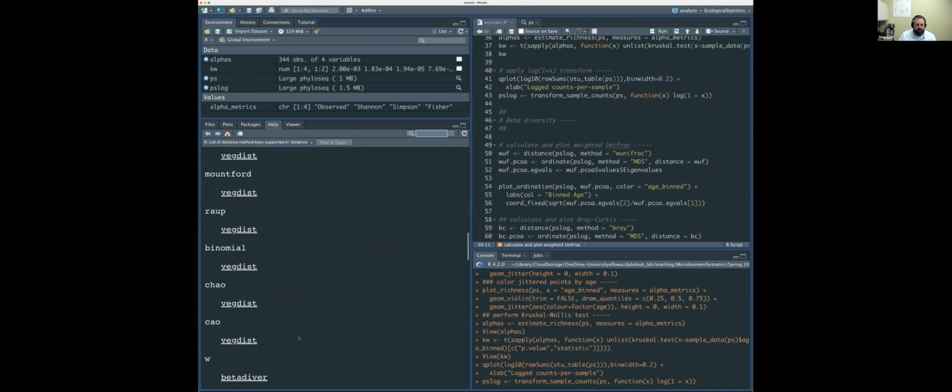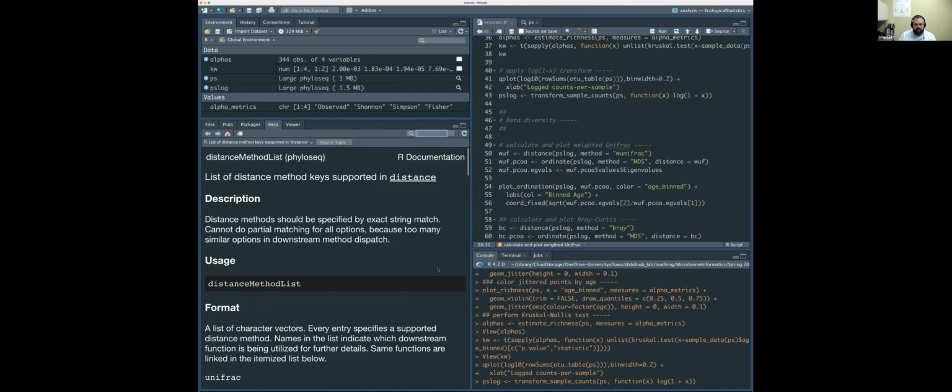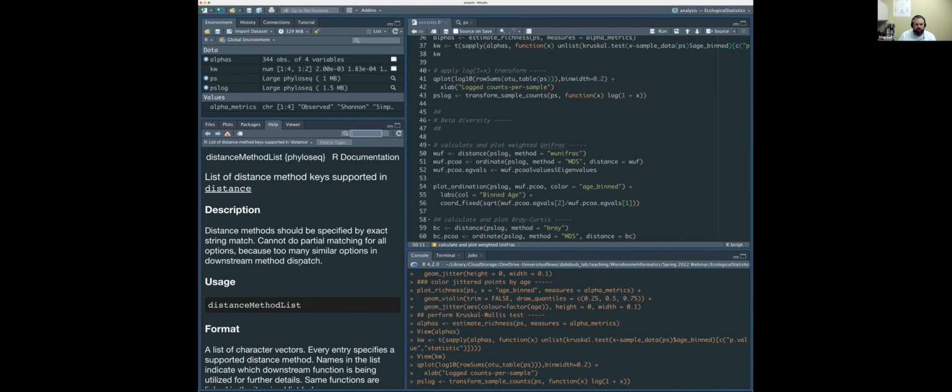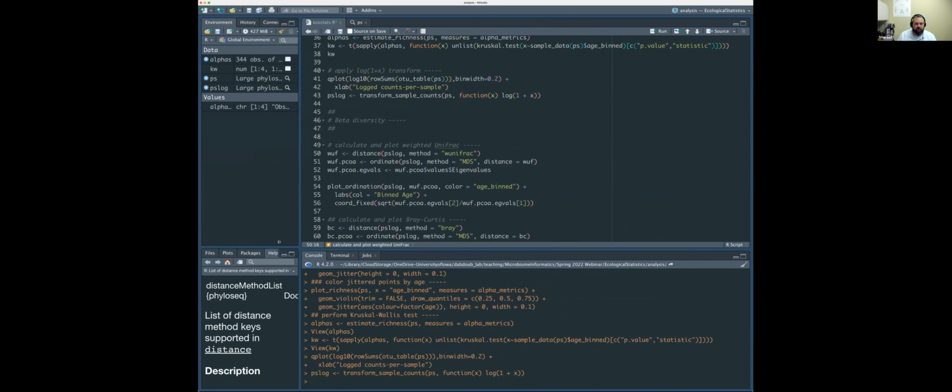So there's a whole bunch of different distance methods that you can apply here that are part of phyloseq. So for now, we're going to apply the weighted UniFrac.